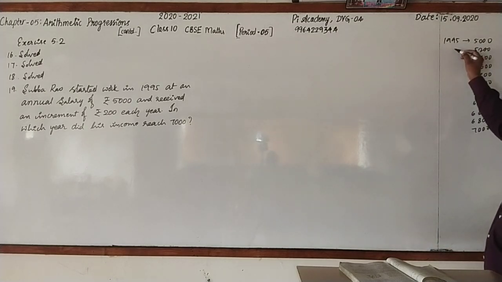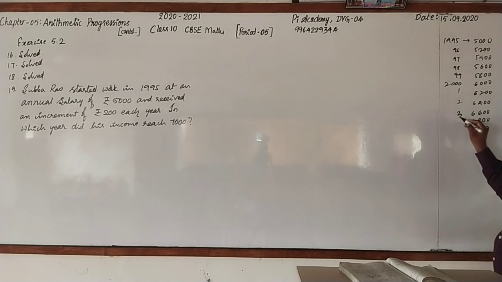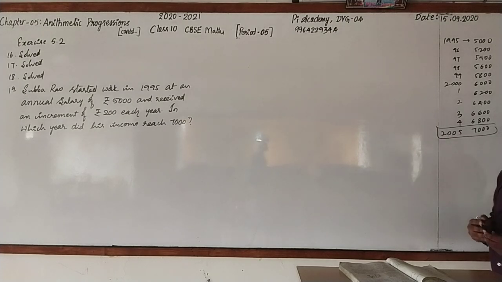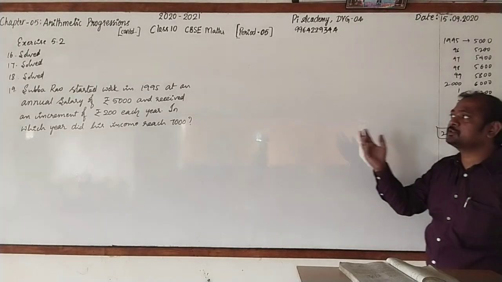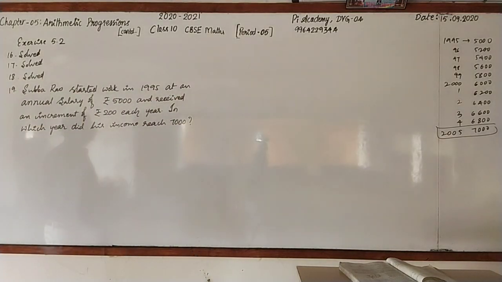Observe, it is 1995, 96, 97, 98, 99, then 2000, then 2001, 2002, 2003, 2004, 2005. So in the year 2005, his salary will be 7,000. Got it? But it should be shown with logical steps, that is, using a formula. Let us go for that.